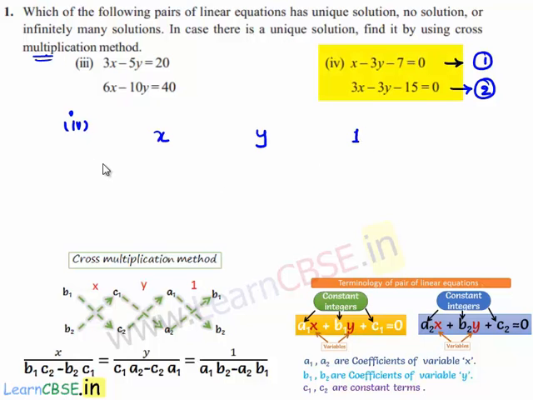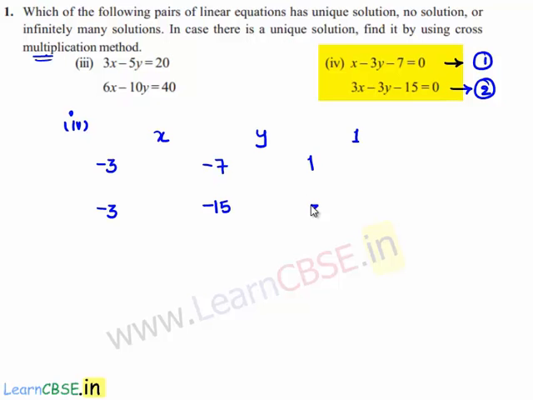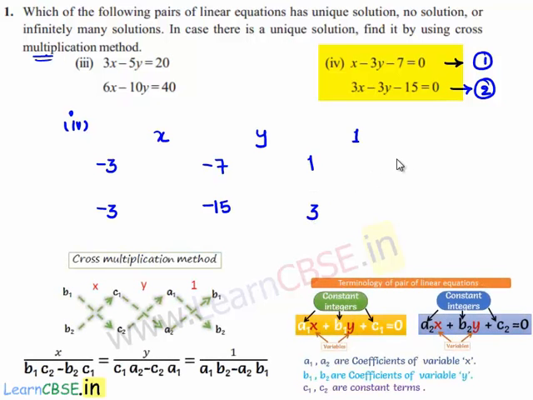Here we need to write the coefficient of y, which is minus 3, and here is also the coefficient minus 3. Next, the constant term, which is minus 7, and here the constant is minus 15. Next, the coefficient of x, which is 1 and 3, and again the coefficient of y, minus 3, here is also minus 3.